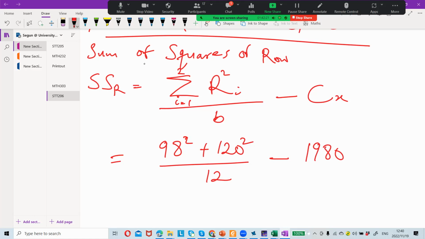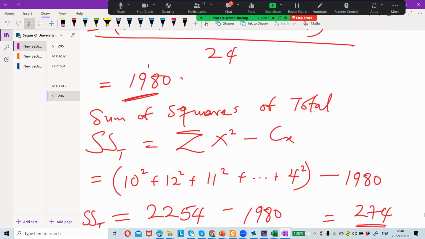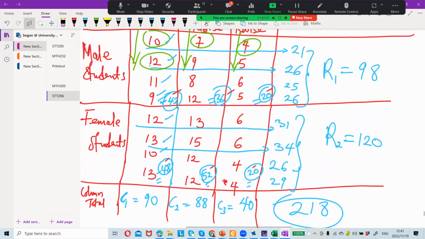Hello? Sir, this one did not enter. Let it enter. Yeah, correct, sir. Okay, let's go back to the table. Remember, the row is row 1 and row 2. Row 1 and row 2 is what? 98 and 120.